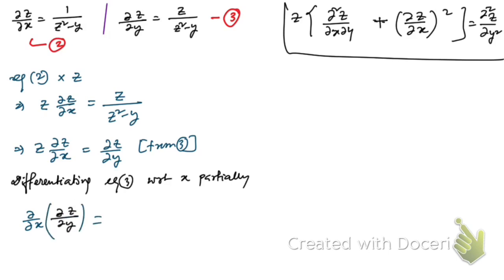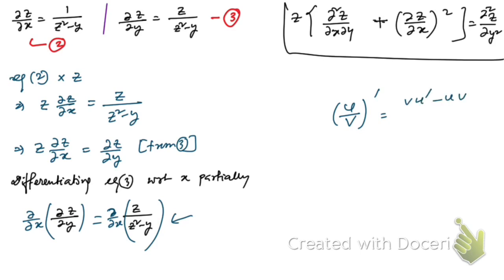And on the right hand side we have z by z square minus y, which should be differentiated, not divided. We are differentiating equation number 3 both sides partially with respect to x. Here we apply the rule for the derivative of u by v: denominator times derivative of the numerator minus numerator times derivative of the denominator, by denominator square. So here the denominator is this, right?